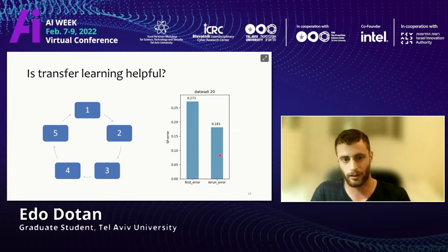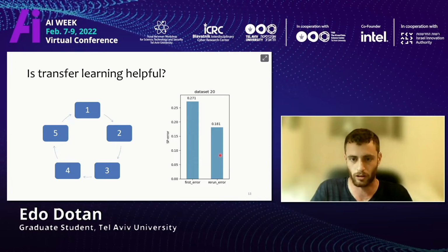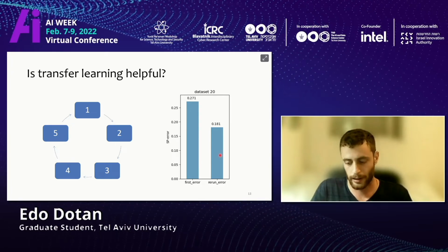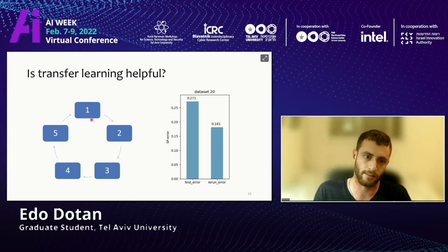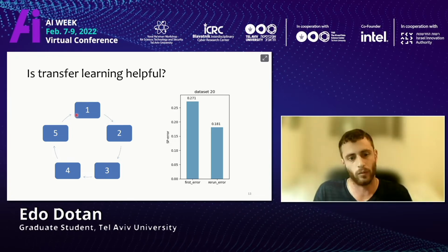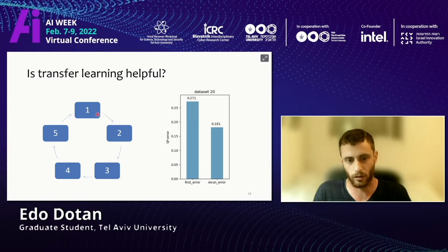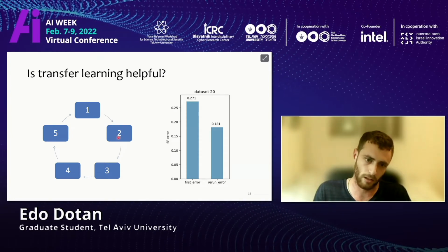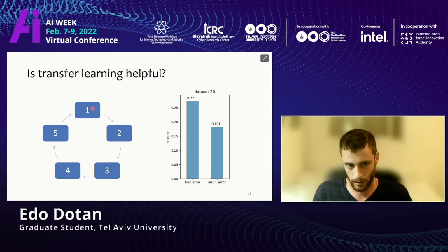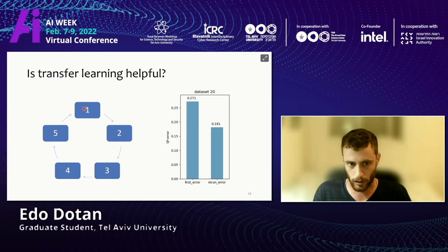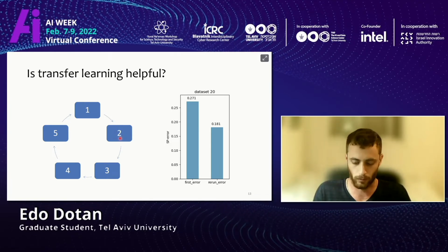Another cool thing that we did is we measured the effect of the transfer learning. To achieve our results, we started with a simple dataset 1, and we slowly increased the complexity of the alignments. So dataset 2 is a bit more complex than dataset 1, and so on. So the transformer that trained on dataset 1 was the initial transformer when we trained on dataset 2.